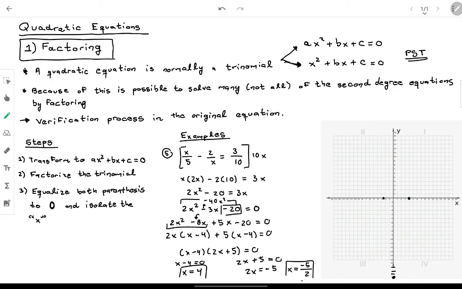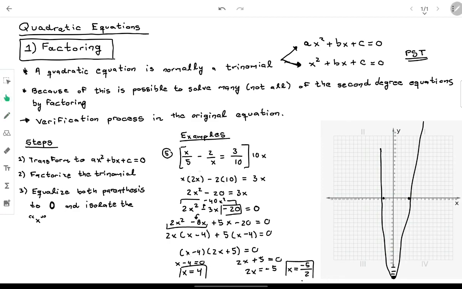So the value of c will tell us specifically where it crosses the y-axis. So it will have this specific form, maybe.